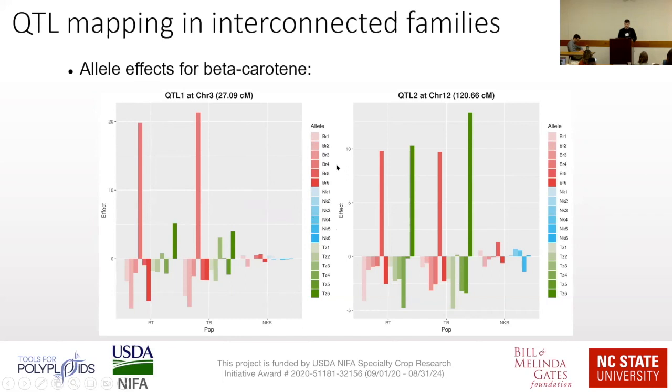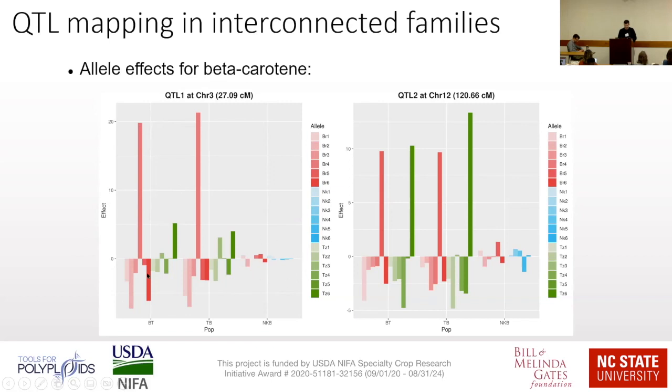The different shades represent the different homologs or alleles within this parent. So here, the first two colors represent the allele effects for the first population, the BT population. Here, the TB population, and here, the NKB.